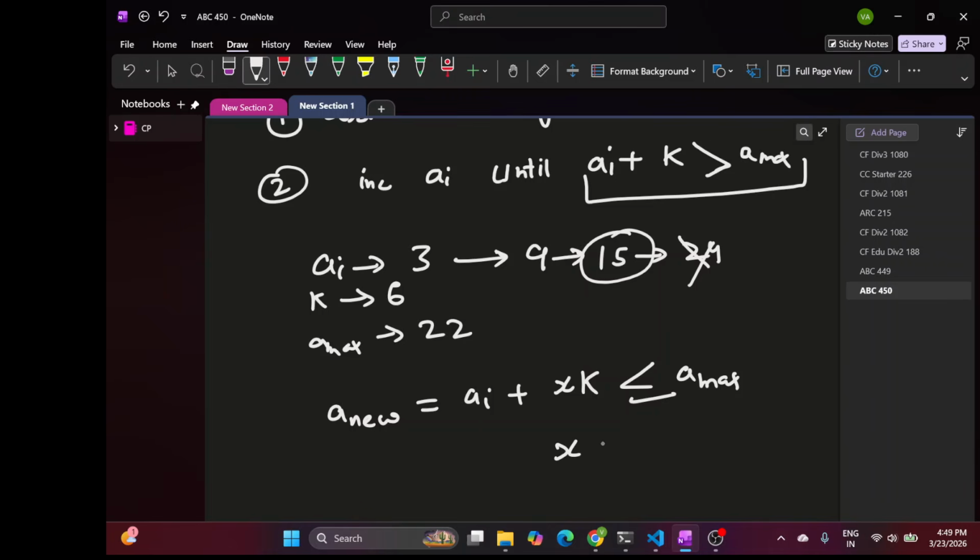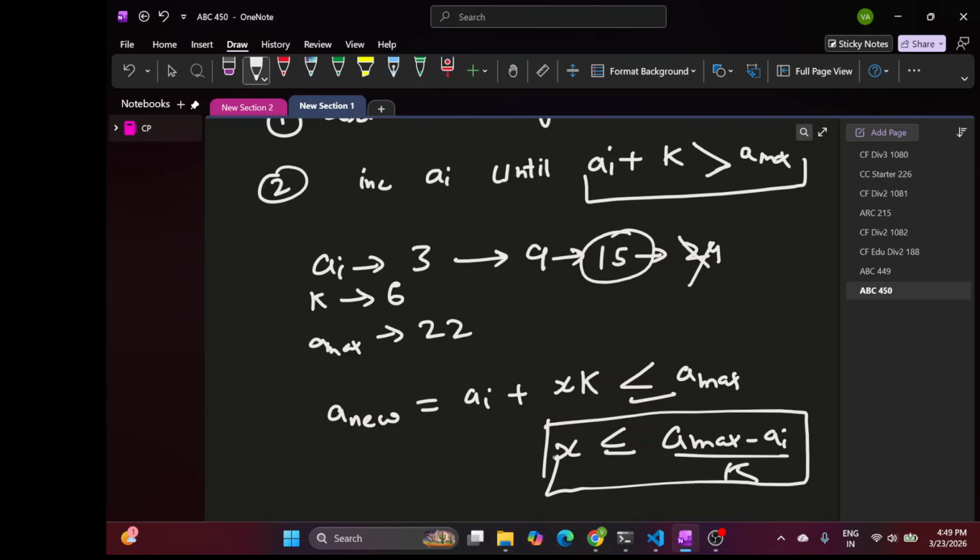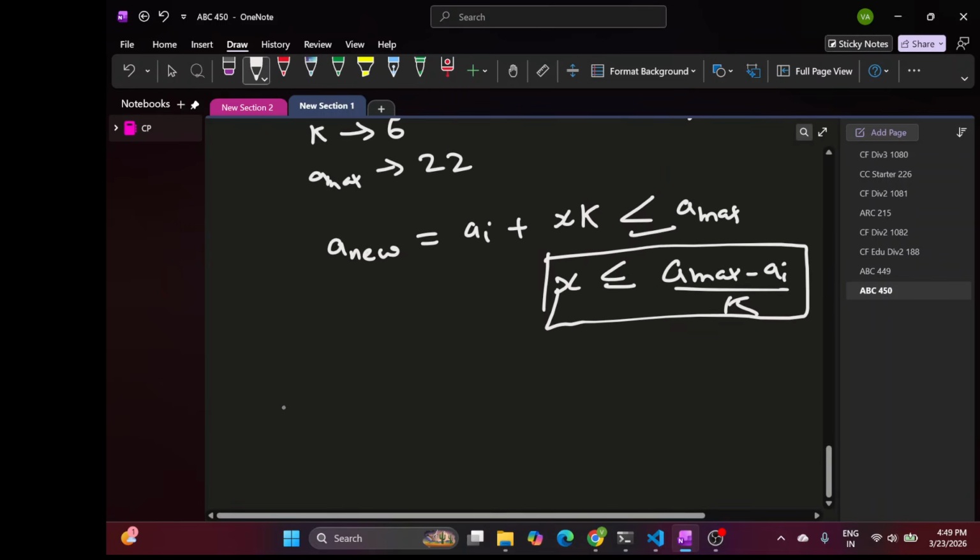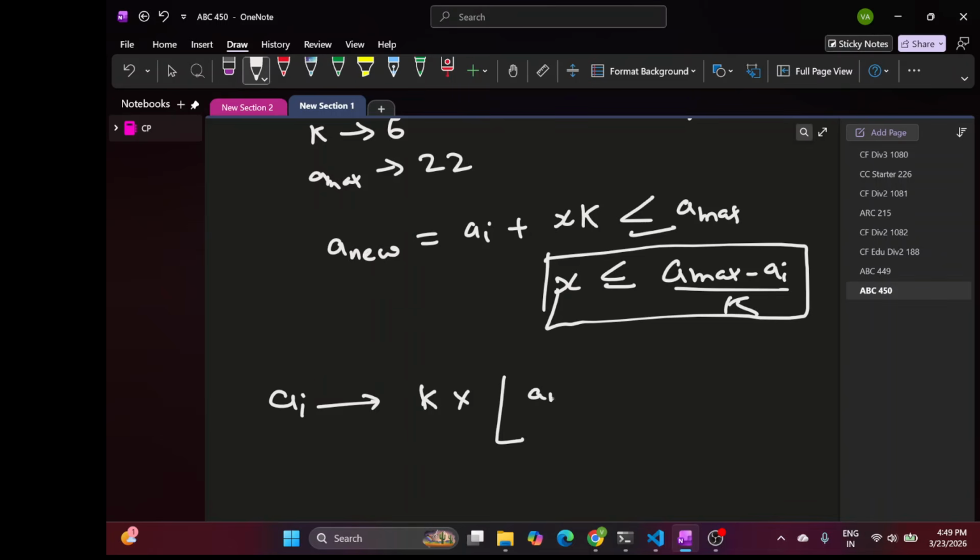So x is nothing but less than or equal to (A max minus Ai) upon k, right? So we can directly change Ai to Ai plus k times (A max minus Ai) upon k, right?